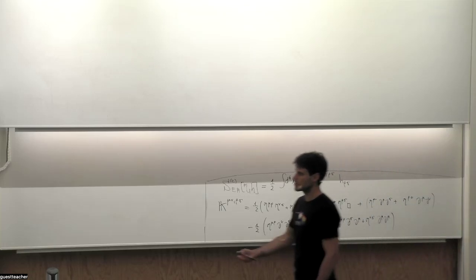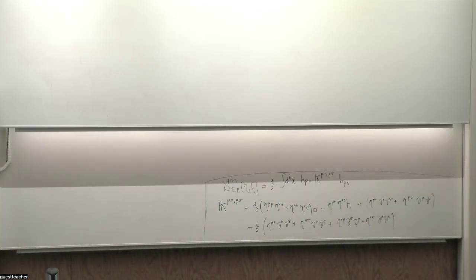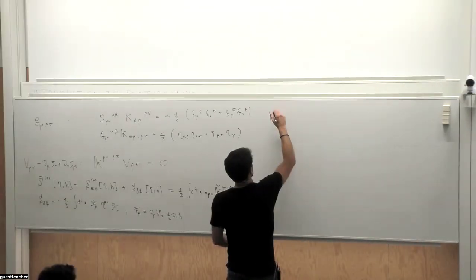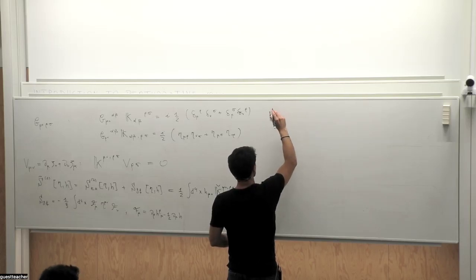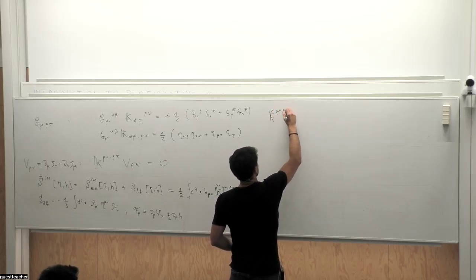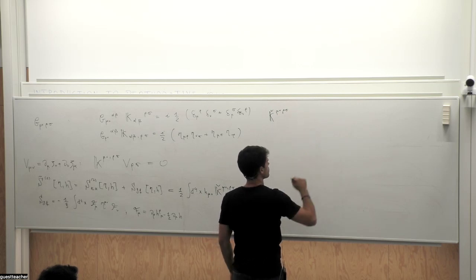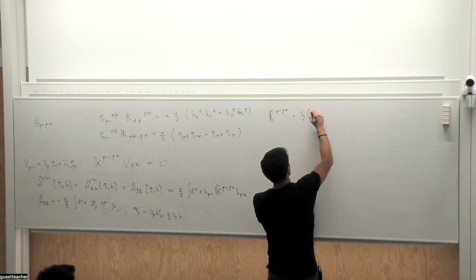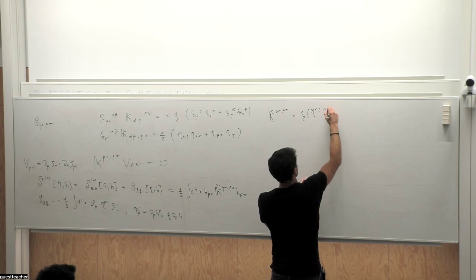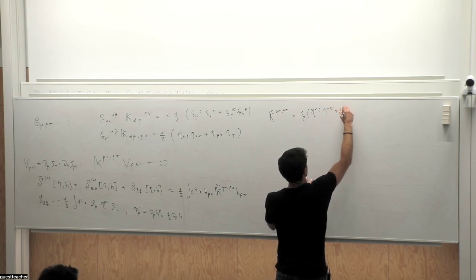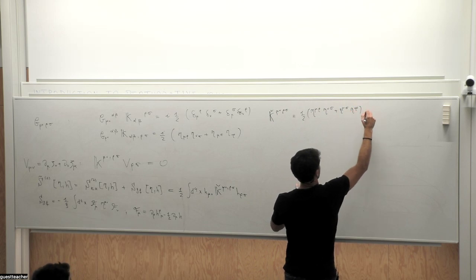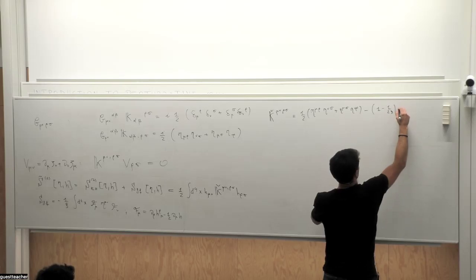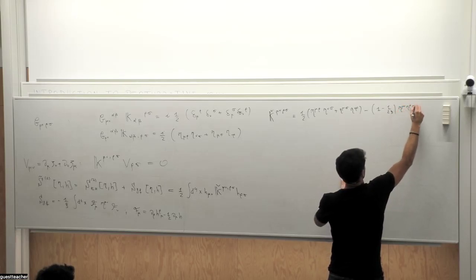Okay? So the new kinetic operator, I will write it because it's good to write it fully, is the following. Again, kappa tilde mu nu rho sigma. You will have the same structure as there, eta mu rho eta nu sigma plus mu sigma nu rho minus 1 over xi c eta mu nu eta rho sigma box.